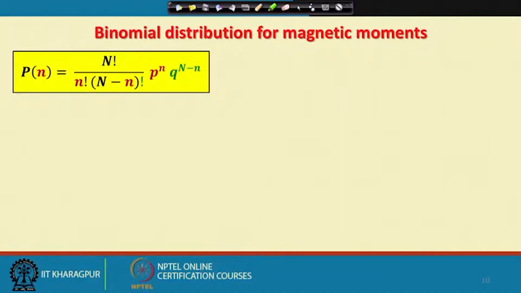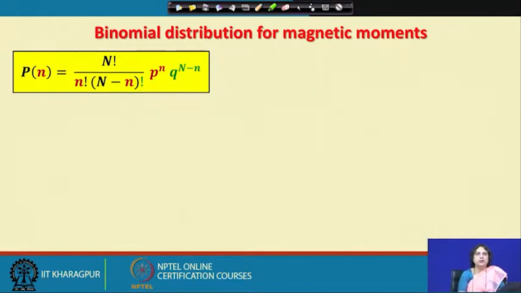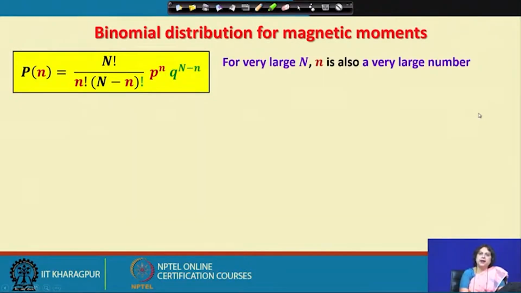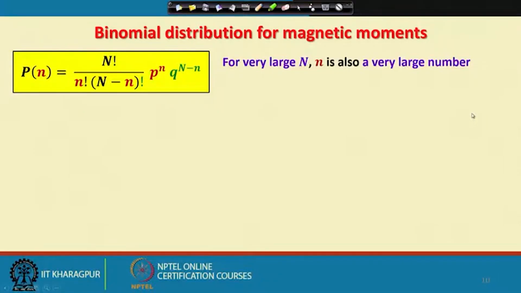For a given total value of capital N, I have associated with it a binomial distribution P of n, where small n is the number of up spins observed when the magnetic moment is measured. If you have a system with a very large capital N, typically 10 to the power of 23, I would argue that this small n must also be a very large number.